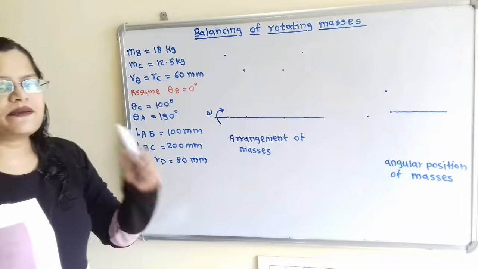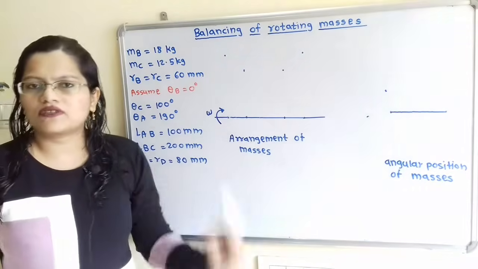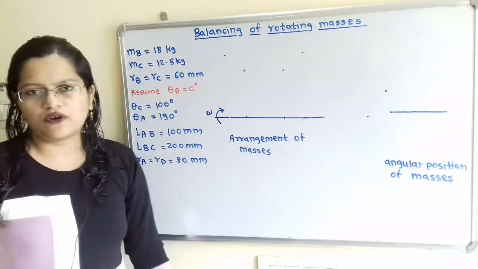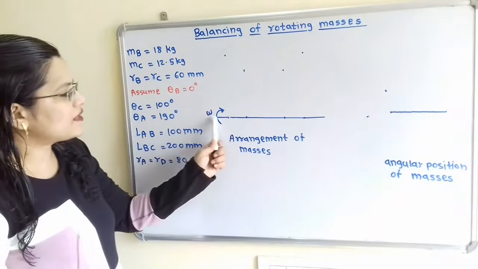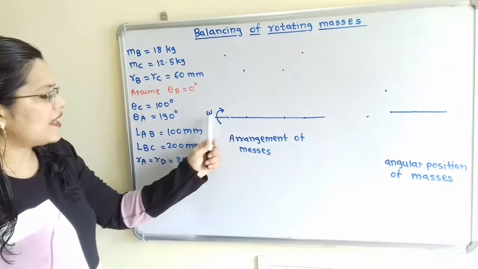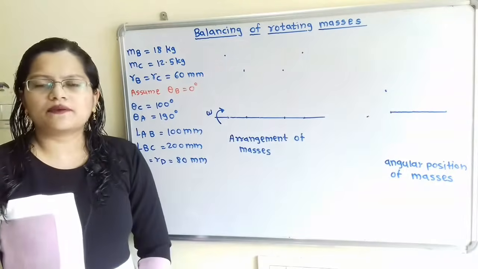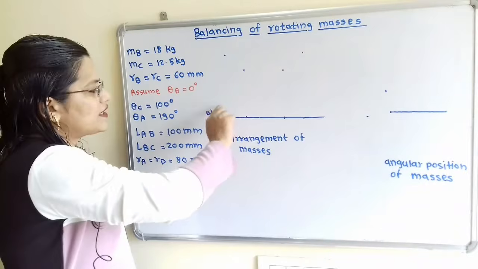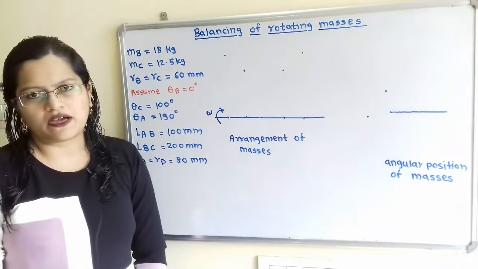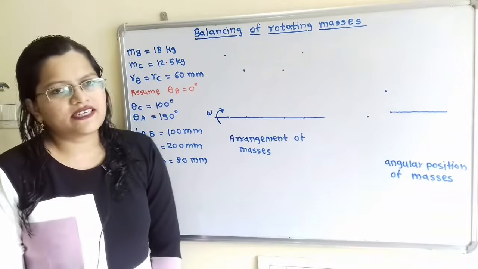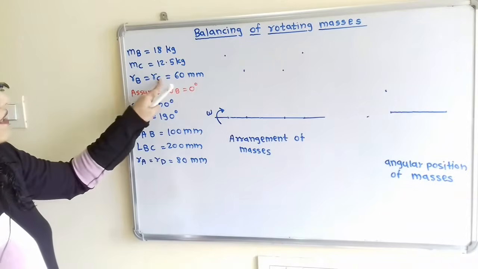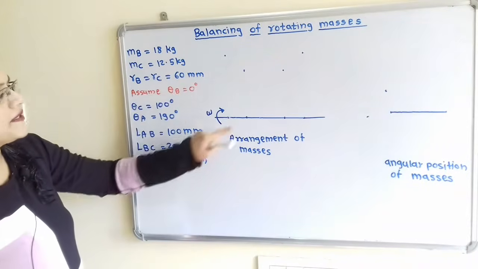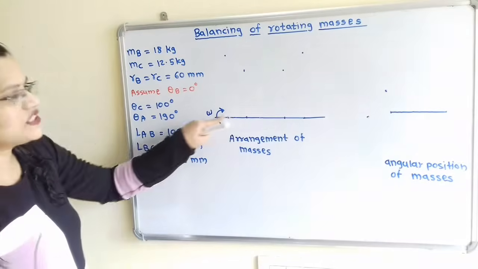So we know that the masses are rotating about the shaft with angular velocity omega. So for the shaft we will draw this horizontal line, and this horizontal line is nothing but the rotation of the shaft and all the masses are rotating with angular velocity omega. Now eccentricity means these masses are placed at a distance of 60 mm from the shaft.